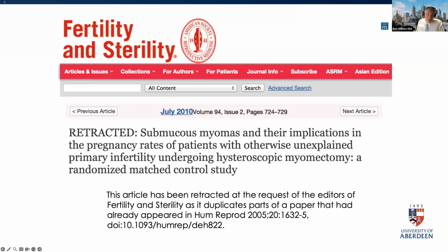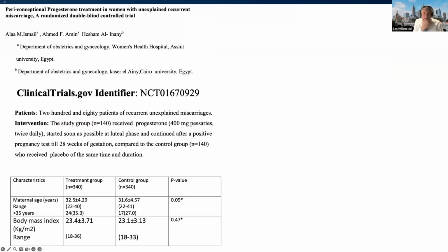And then when I worked as an editor, I got more alerted. I saw this paper submitted to the journal that I was working for, and there were inconsistencies. 340 patients in the table, but only 140 in the abstract.